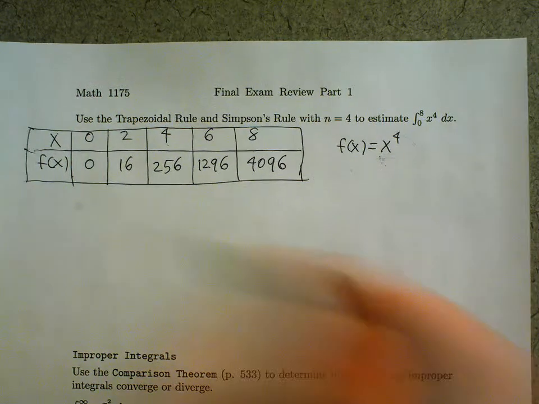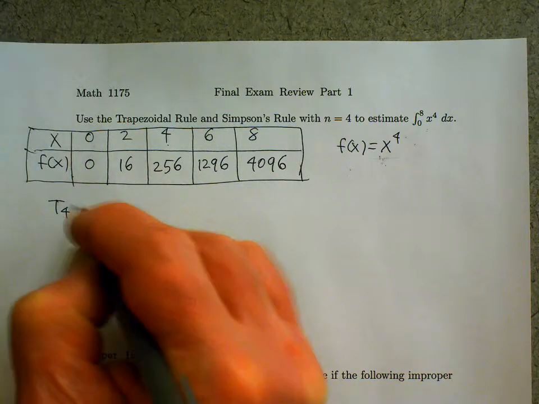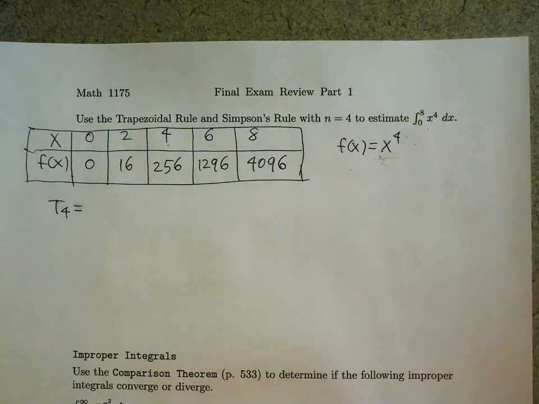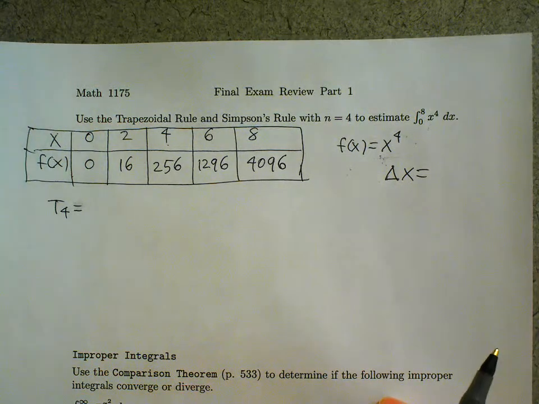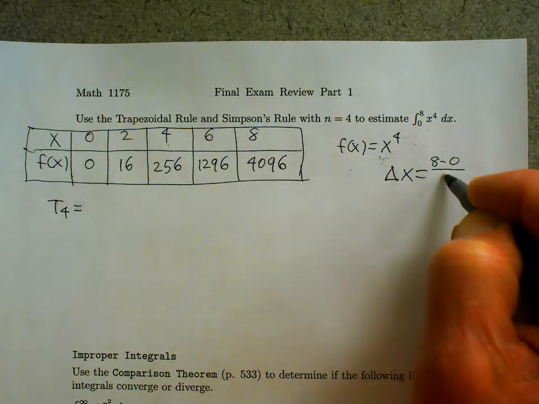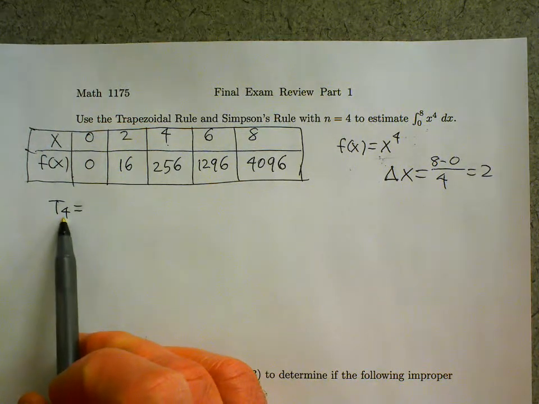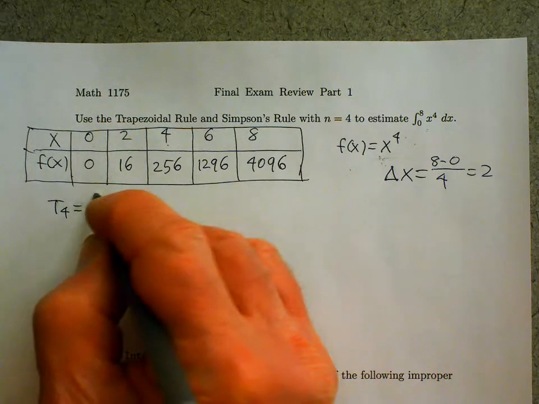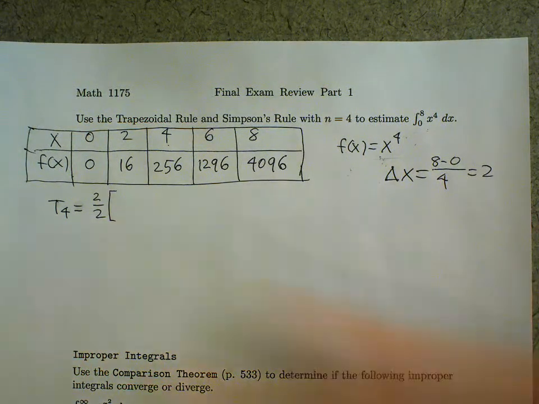Okay, then the trapezoidal approximation for n equals 4. Let's see, what's delta x? 8 minus 0 divided by 4, or 2. So the number out front in the trapezoidal rule is delta x over 2. So I'll just write 2 over 2. And then the first term, 0.